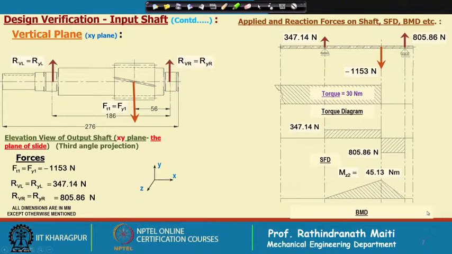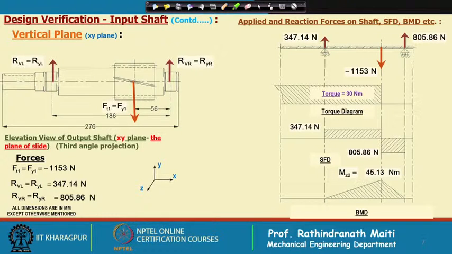Okay. Now, we shall go for calculating the bending moment in the vertical plane. The same way what we did for output shaft, we shall also analyze the input shaft. I would like to mention here, if we look into the direction for the two stage gearbox, the direction of rotation of both shafts is in the same direction, and the direction of helix is also the same.